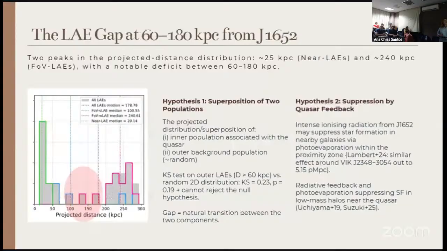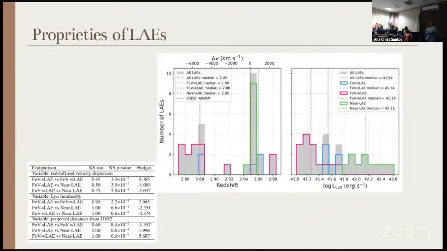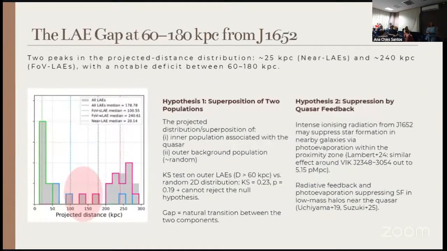When you plot the projected distance of Lyman-α emitters, you have 2 peaks: one more concentrated at 55 kiloparsecs away from the quasar, and another at about 200 to 240 kiloparsecs away. And we have this gap where we find fewer Lyman-α emitters.